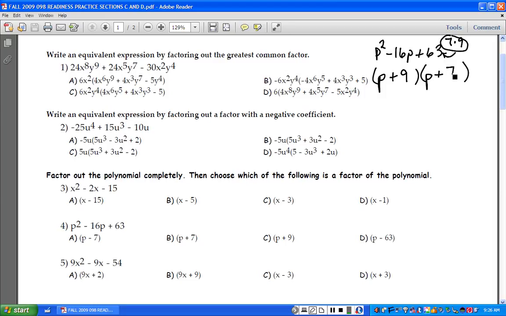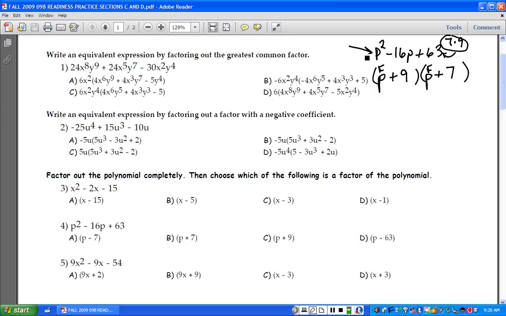Okay, now pay attention here. I'm doing something here intentionally, and I'll show you what I'm talking about in a second. Alright, so once again, we said our first in this parenthesis times our first in this parenthesis has to give us our first in our initial trinomial, and it does.